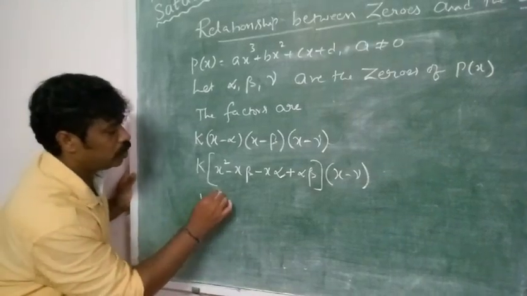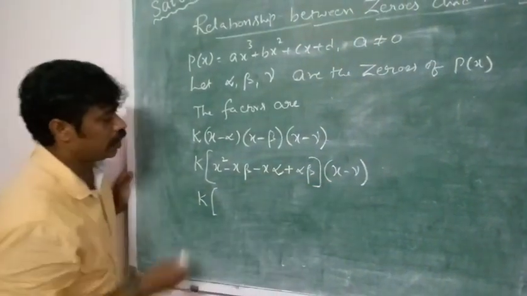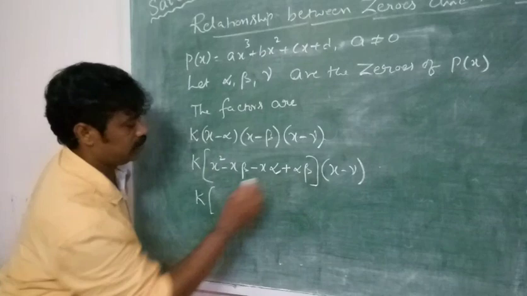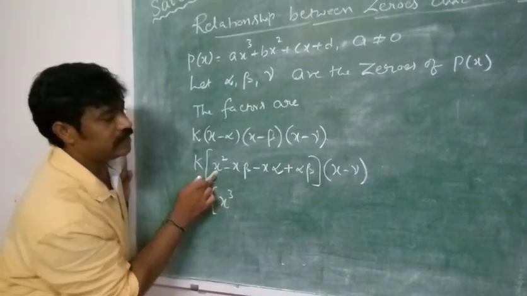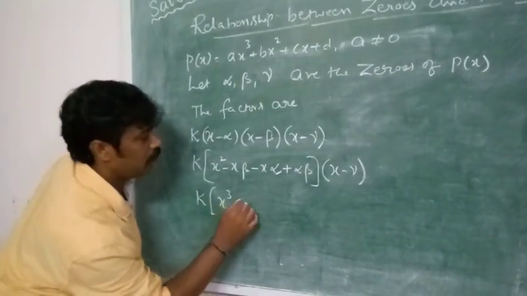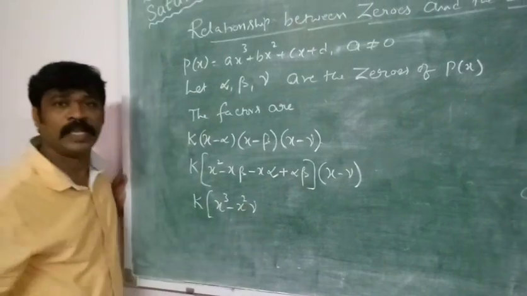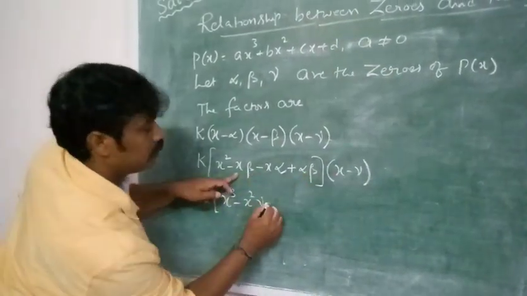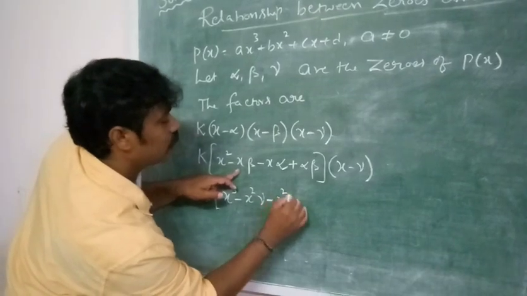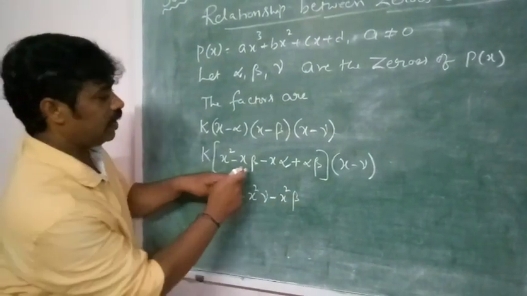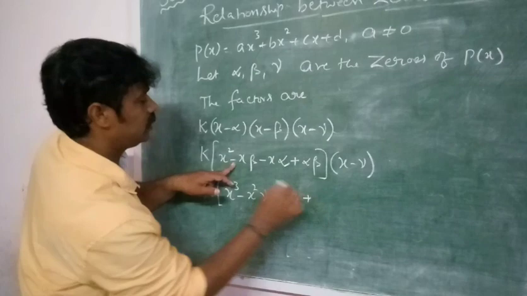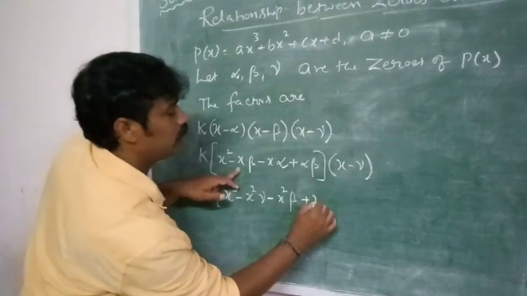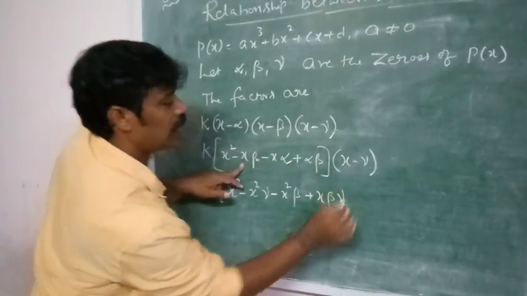Now again k into, if you multiply these, what will you get? x square into x is x cube, again x square into minus gamma is minus x square gamma. Similarly, if you take the second term, minus x beta into x, you will get minus x square beta. Then again minus into minus is plus, x beta into gamma, x beta gamma.